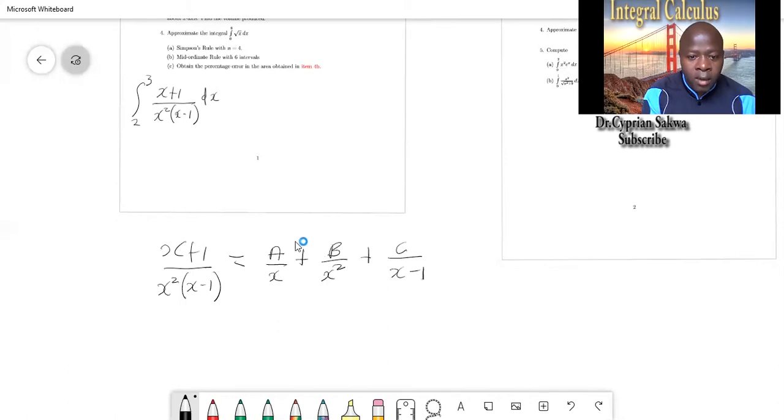So on our right hand side, we put it under the same denominator, and the LCM here is x squared into x minus 1.